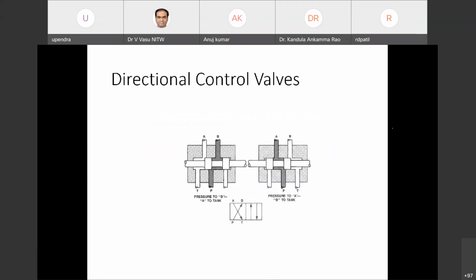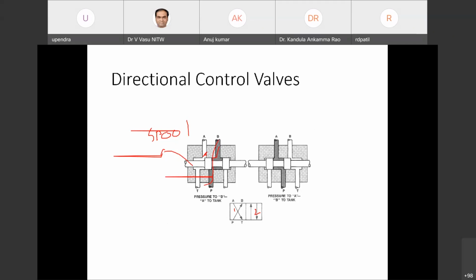Okay, as I explained, we have two portions here. You can see this is portion one and this is portion two. We have one spool, and this spool is going to be moved. This spool closes this portion and opens that portion, so the oil comes through like this.